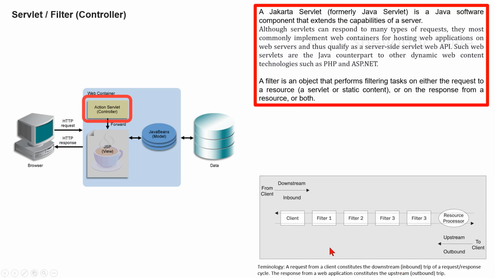Now we are considering terminology also. A request from a client constitutes the downstream, inbound trip of a request response cycle. The response from a web application constitutes the upstream, outbound trip.